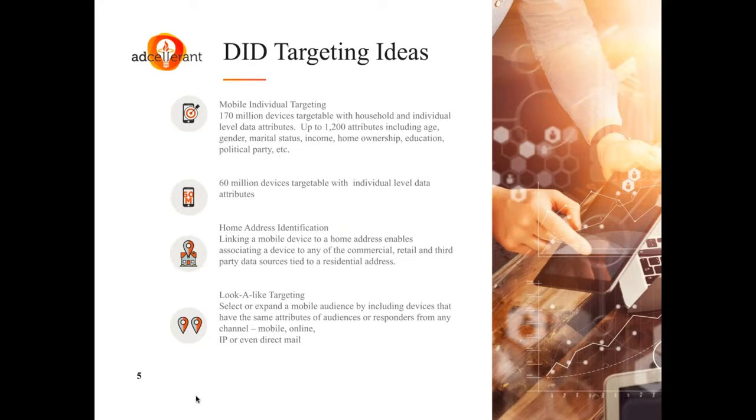So we have lots of targeting ideas on here, but this is essentially a little bit repetitive from what we've been talking about before, but we want to be able to leverage this data as much as possible. We've also opened up the opportunity if you're currently running a micro proximity campaign and you'd like to shift over to this targeting.